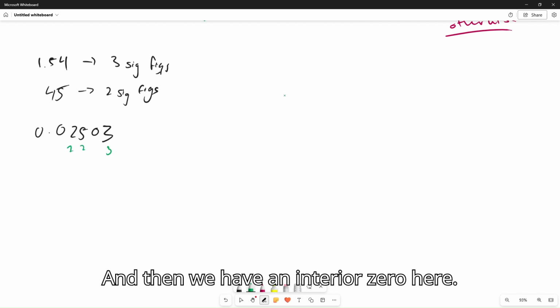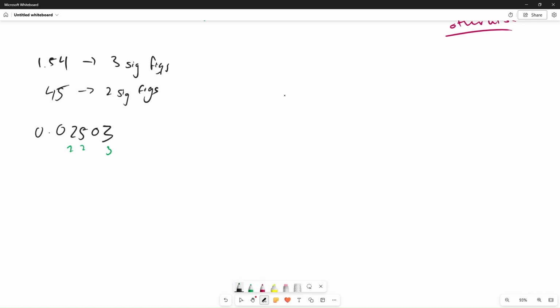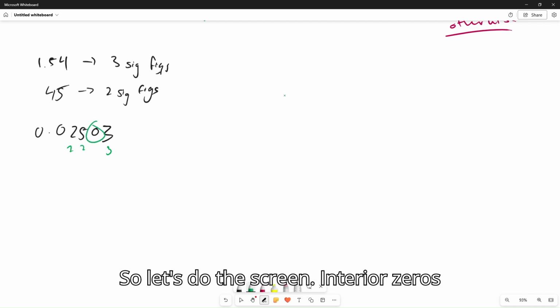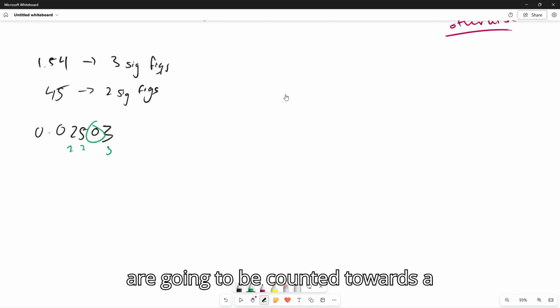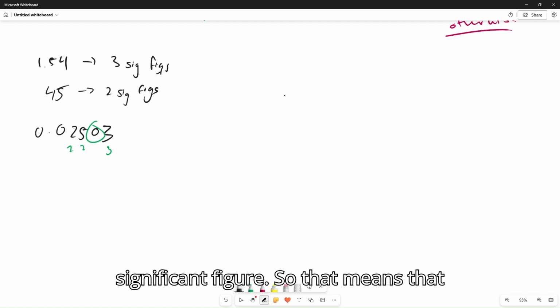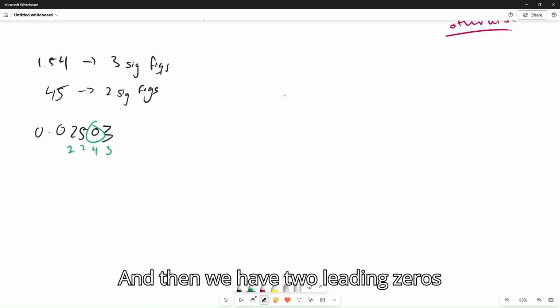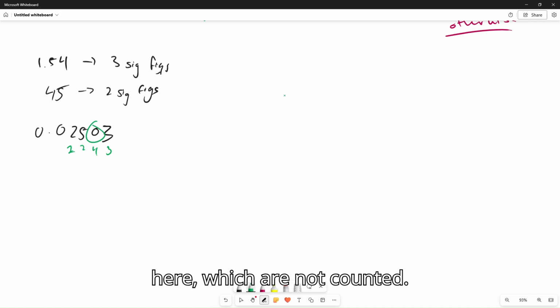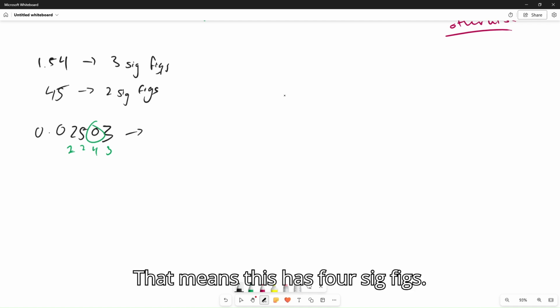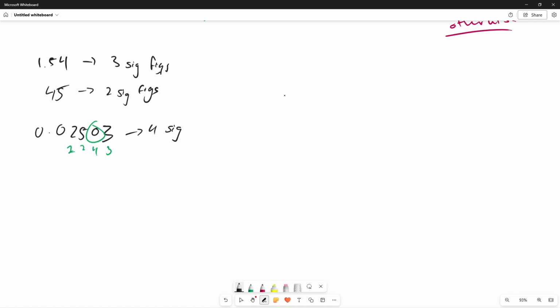And then we have an interior zero here. Interior zeros are going to be counted towards a significant figure. So that means that this is going to be 4. And then we have 2 leading zeros here, which are not counted. That means this has 4 sig figs.